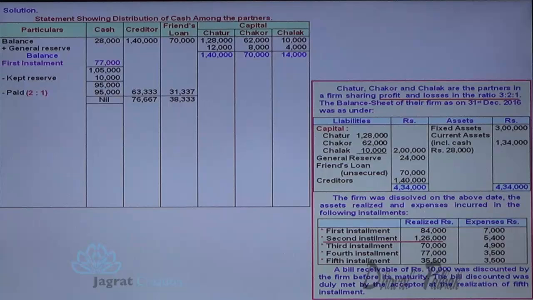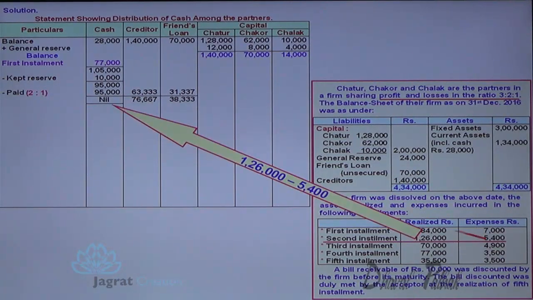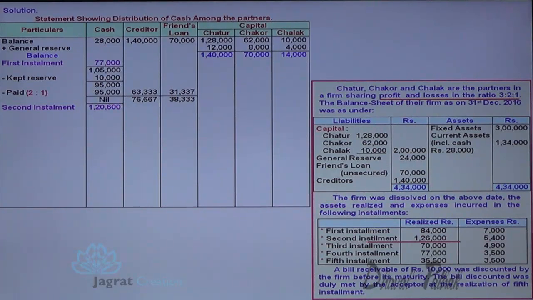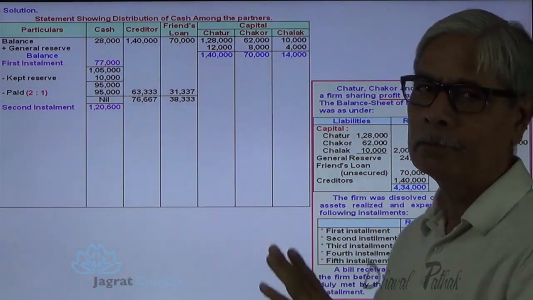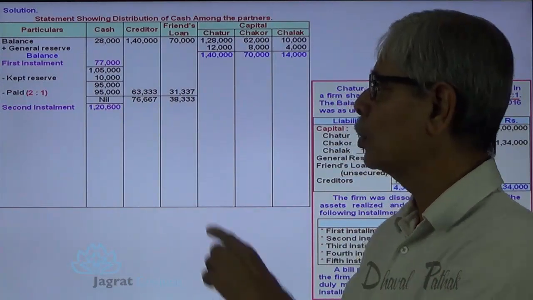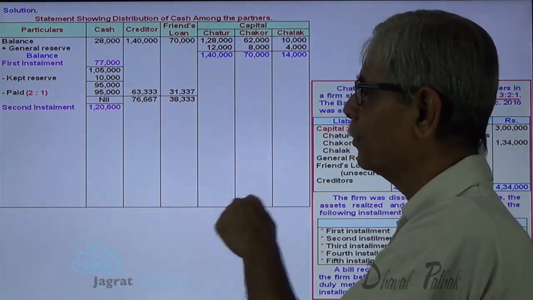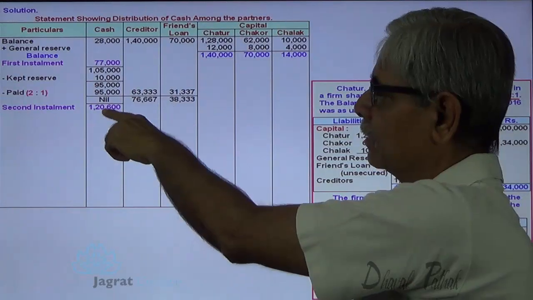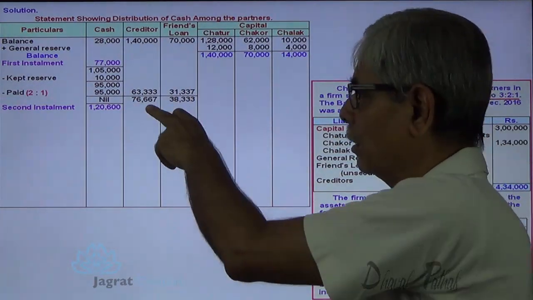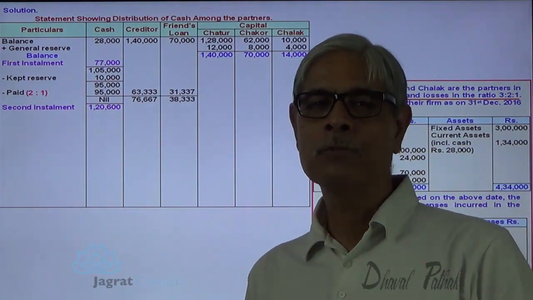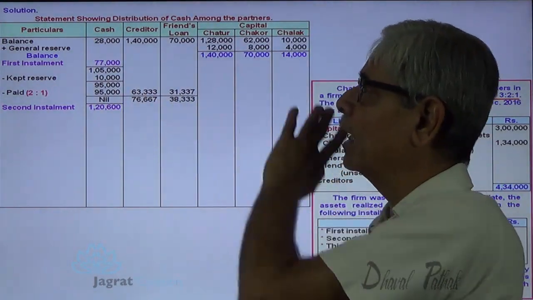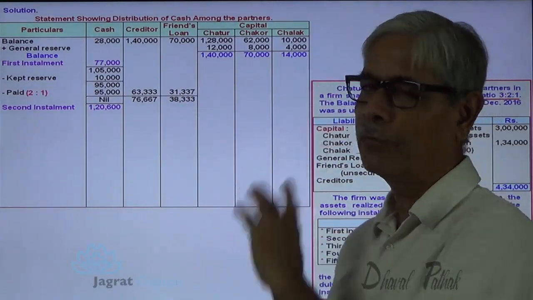Now I get the second installment, 1,26,000 minus 5,400, so that is 1,20,600. From these funds, you have to pay outsiders in priority. The total of these two numbers is less than this 1,20,600, so I can pay the total amount of creditors and friends loan.